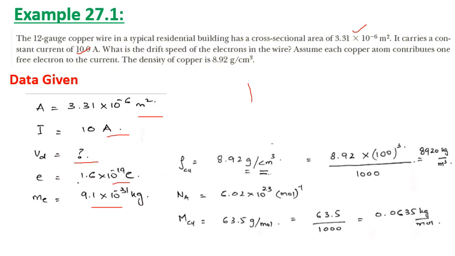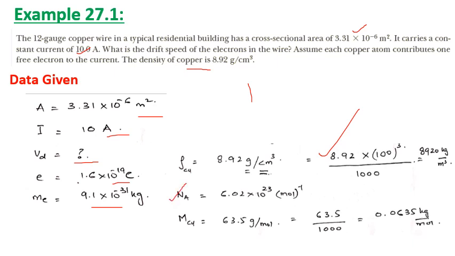The density of copper is 8.92 grams per centimeter cube. I'll convert this into kilograms per meter cube, and I have 8,920 kilograms per meter cube.